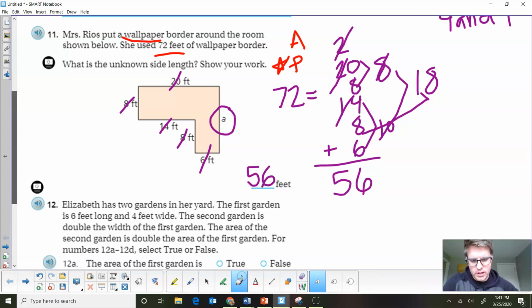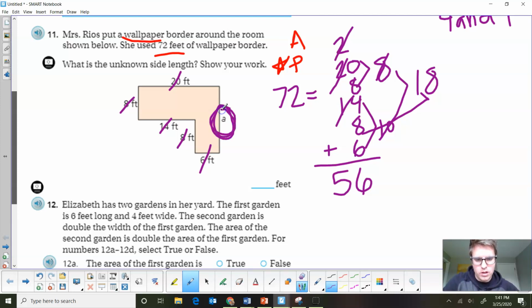No, that's not right. I tricked you, okay? I tricked you. 56 is all the sides except for the missing answer. All right, this is what's left. Side A. We've got to add A to 56, and that's going to equal 72.